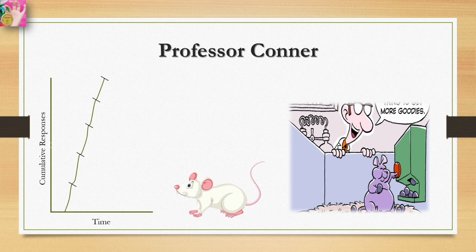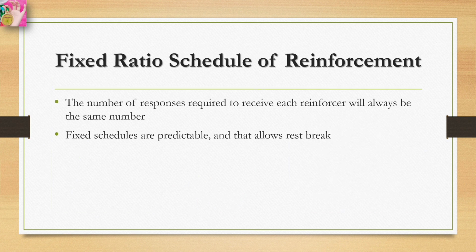The pauses or breaks come right after a reinforcer because the rat knows about how many lever pushes will be needed to get to the next reinforcer, because it's always the same. So the next key point which we have noticed right here is that fixed schedules are predictable, and that allows rest breaks.